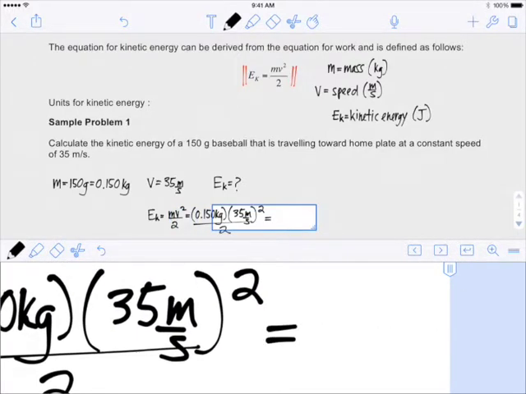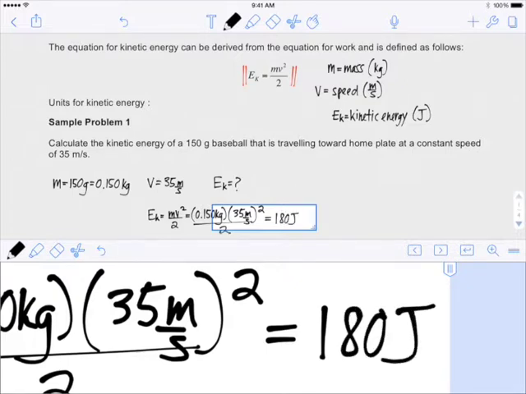If we punch this into our calculator to 2 significant digits, we get 5,184 joules, or to 2 significant digits, 180 joules.